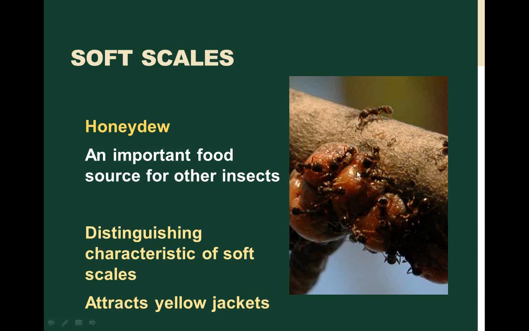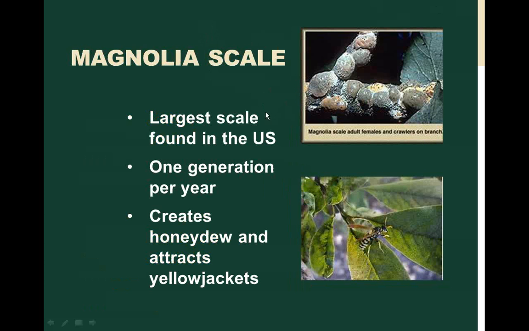So this is definitely a characteristic of the soft scales, and also that sugary substance will attract yellow jackets, and many times in my travels as a consulting arborist, I've gone to properties where the magnolias are located near a walkway, and the client calls because there are yellow jackets attacking them as they go into the house. Well, that's very symptomatic of a magnolia scale, and here it is right here. It is the largest scale found in the U.S., with only one generation per year, and it creates a tremendous amount of honeydew.